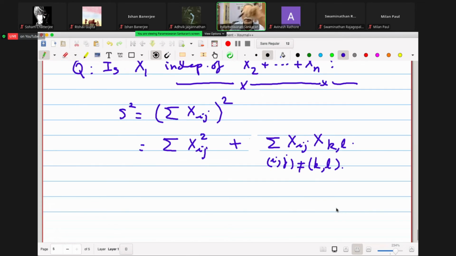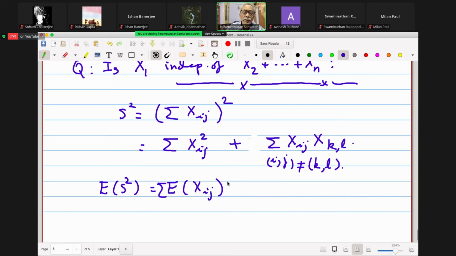Now you can compute this, E of S square. This is equal to E of x_ij square, but E of x_ij square is the same as x_ij.